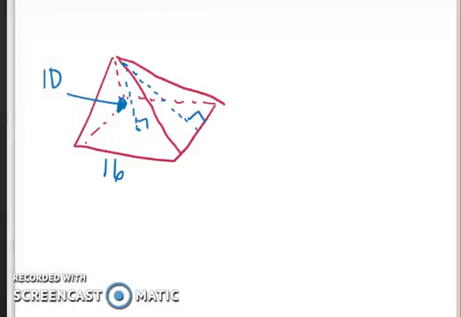Last one. This is a square pyramid. Surface area here is a little different. We get 1/2 P L plus big B. If it's a square pyramid, we can find this pretty easily.